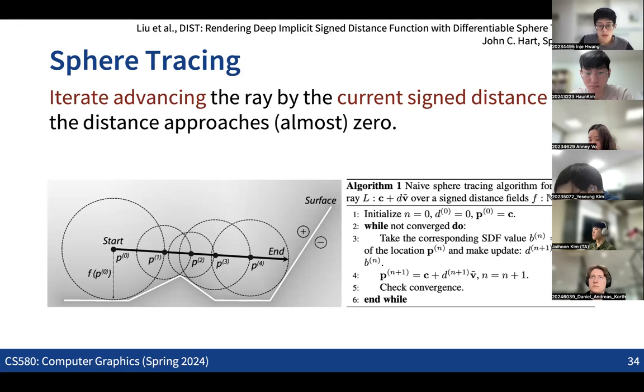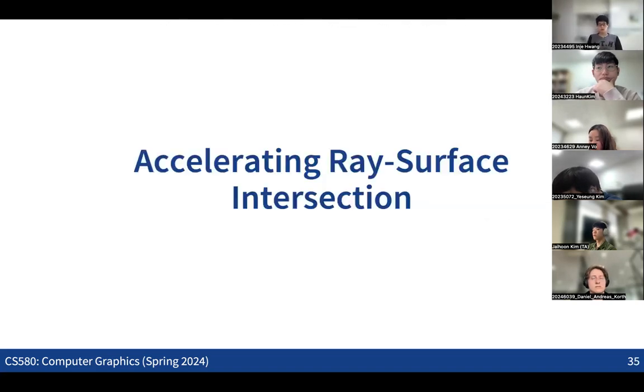Great. Yeah, so these are all examples of checking the intersection between the ray and objects in the scene that are defined as planes, triangles, spheres, or implicit representations. But here the question is how can you accelerate this computation for the intersection?